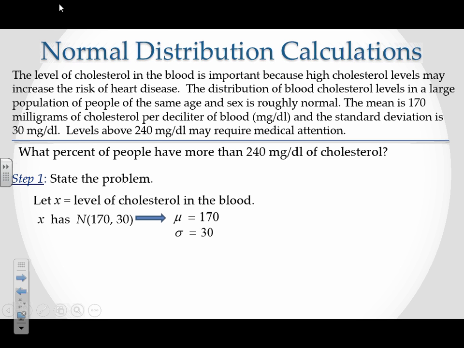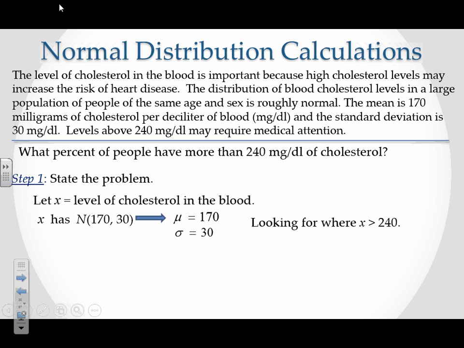So let X, our unknown value, be the level of cholesterol in the blood. We know we have a mean of 170 and a standard deviation of 30. As far as X is concerned, we know the cutoff for it is 240. And if it's a dangerous level, that means X has to be greater than 240. So the question's asking, what percent of people have a cholesterol greater than 240? Here's what we're looking at.